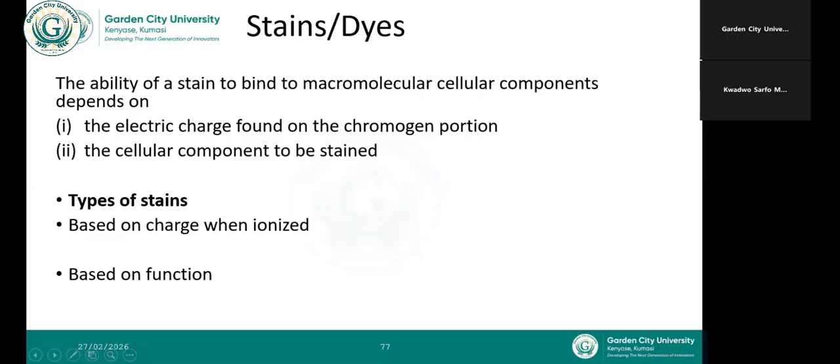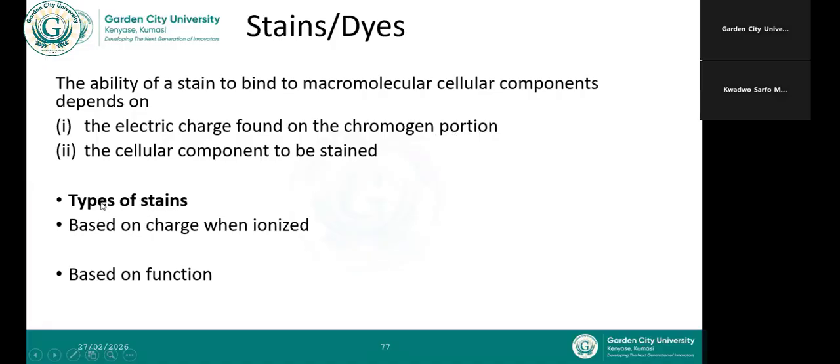So if the organism has on its external part a negative charge, and you are using a stain that is also negatively charged, there will be no binding because negative, they repel. It also depends on the cellular components to be stained. So any stain that you buy, they indicate the composition. And then from there, you can know the charge on the chromogen portion.